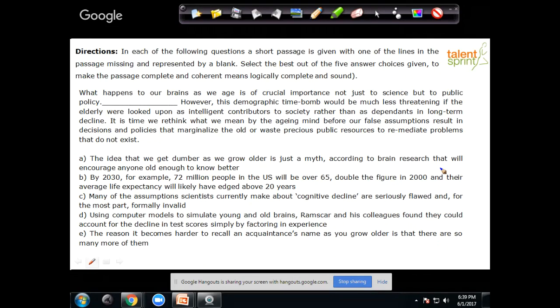So this is for you, Shrinu. All I said was, after the blank, you have this hint word, right? Contradictory hint word. However, this demographic time bomb, which means the previous sentence has to make reference to that demographic time bomb. Demographic being your clue word, an adjective, which is describing the time bomb. And demographic means something that characterizes statistics of human population, right?